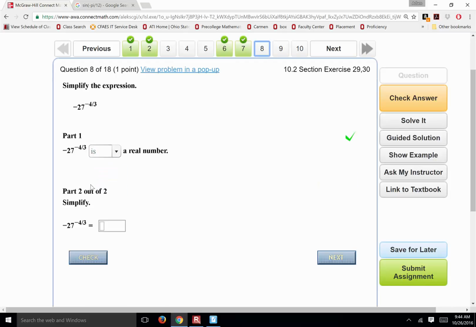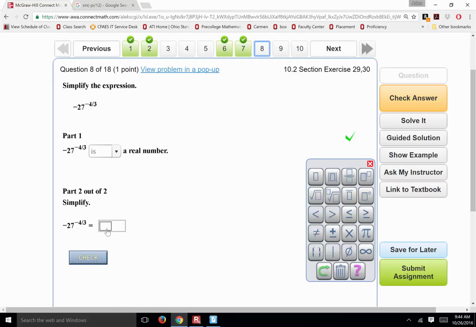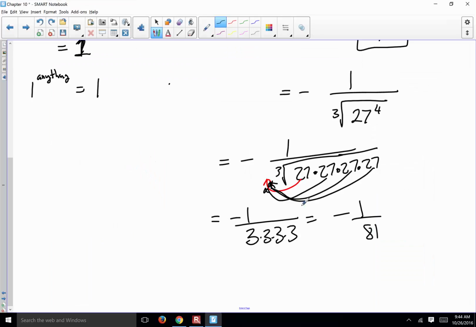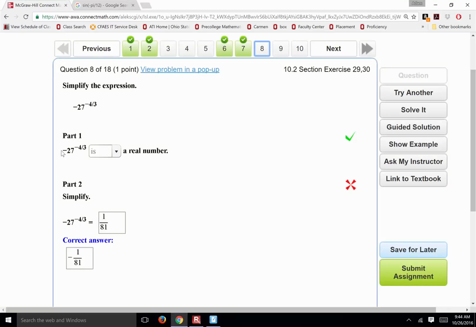I made a mistake and everybody's sleeping. I said 1 over 81, but it has to be negative 1 over 81. How did I forget that? Oh, no, I didn't. Sorry, I didn't forget it. I just forgot to put it here. That's it.